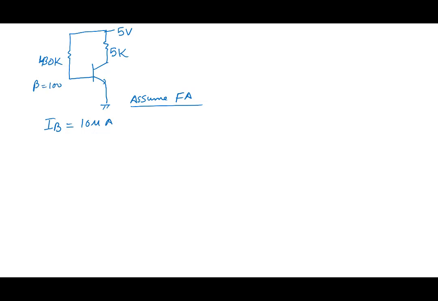Since we are assuming forward active, we can write IC equal to beta IB, which gives 1 milliampere. Collector voltage, what will we get? VC would be 5 minus 1 milliampere into 5k, which is equal to 0.